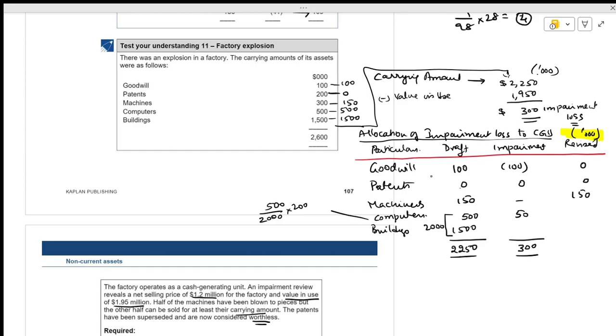Then 1500 divided by 2000 times 200 comes to 150. So the revised values are 450 and 1350. If you add them, it comes to 1950.